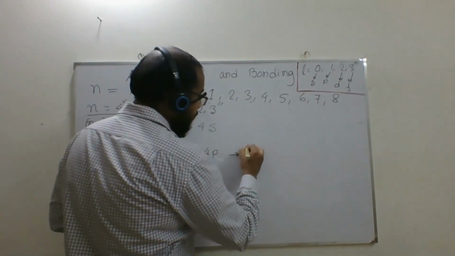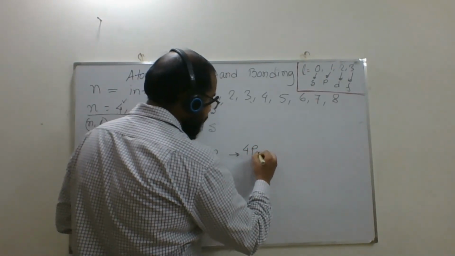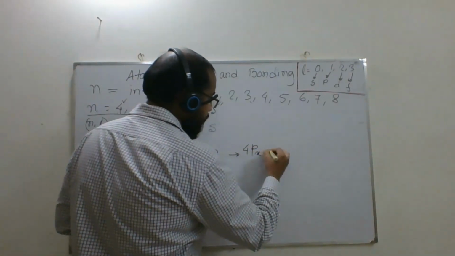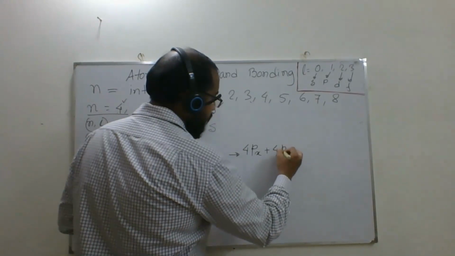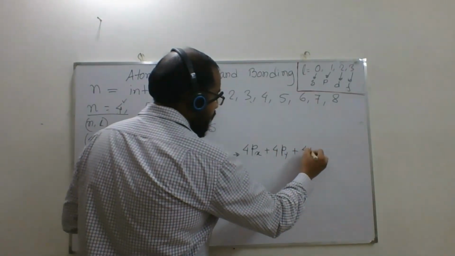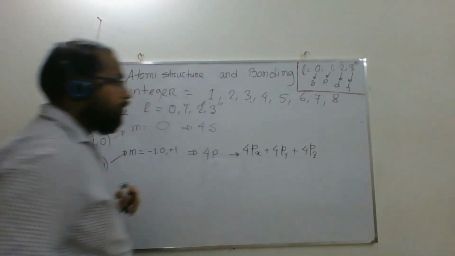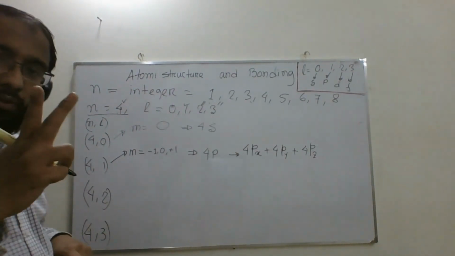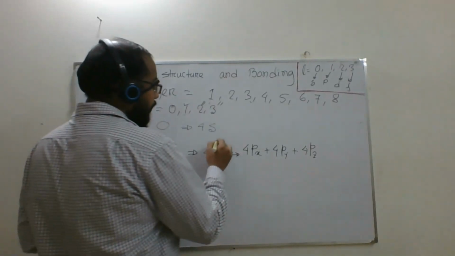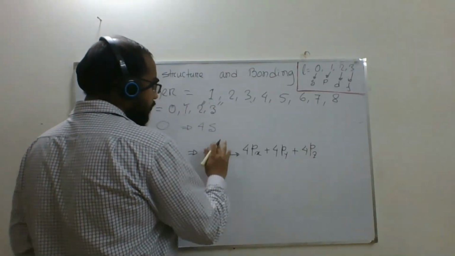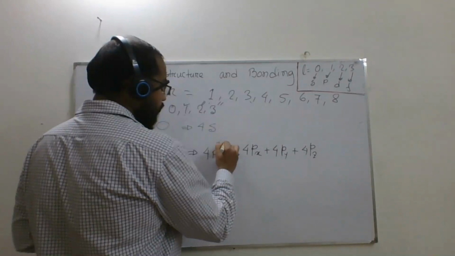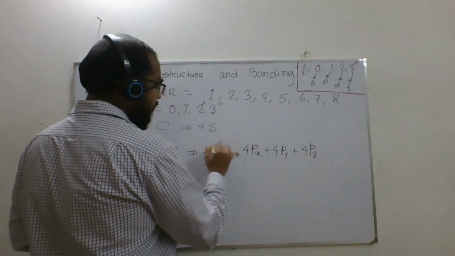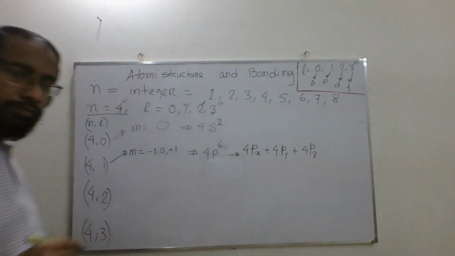So we say that the p orbital has 3 subdivisions. Now each subdivision contains 2 electrons. So that means p can contain 6 electrons, that means 3 into 2. So maximum 6 electrons, and s will be 2 electrons.